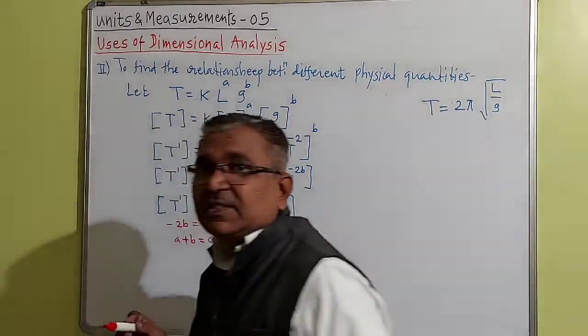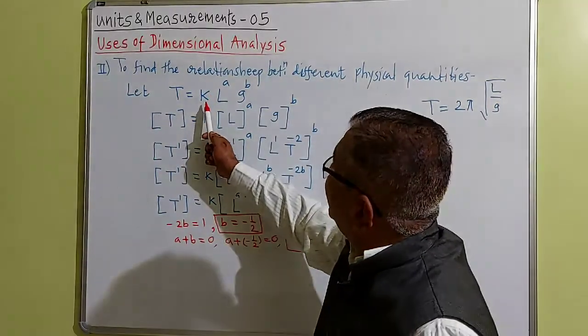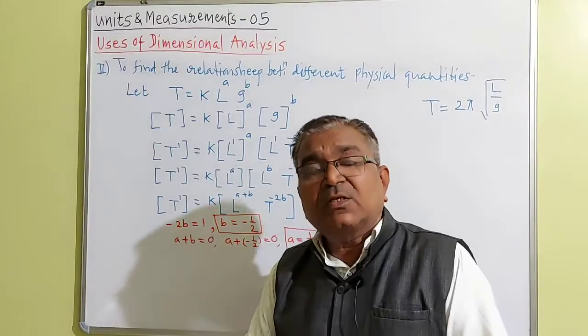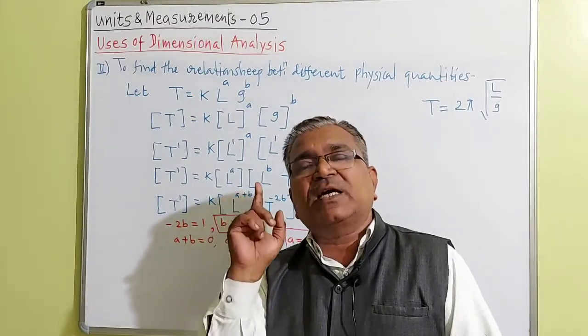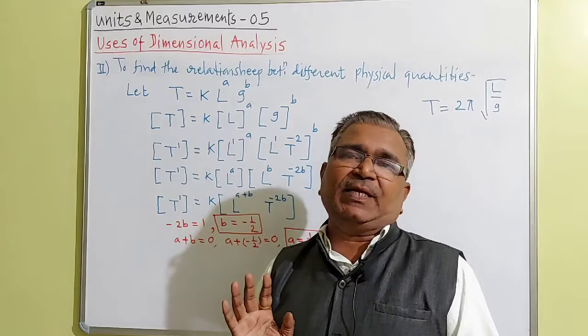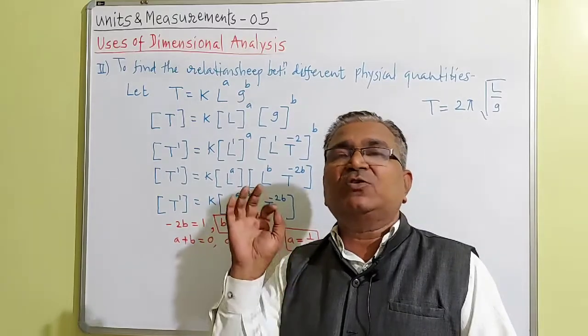Then the question arises, what is the value of k? The value of k is calculated by doing some experiment, and it is equal to 2 pi.